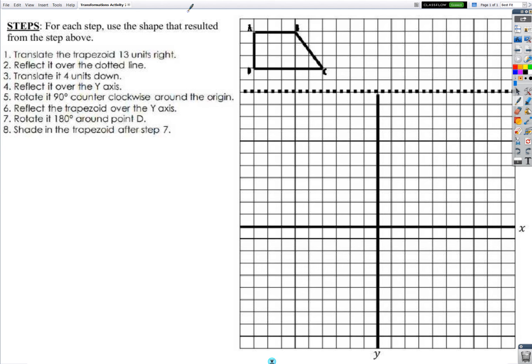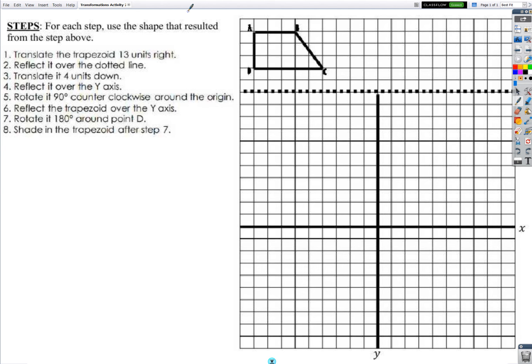Okay, so let's see. The first transformation here, they want us to translate this 13 units to the right. What would be the best way to go about doing that? Just count. But actually, you know what, Stefan, you gave me a good idea.